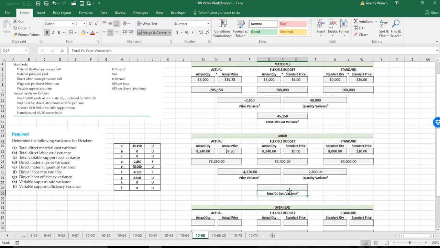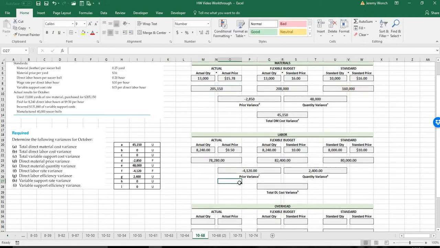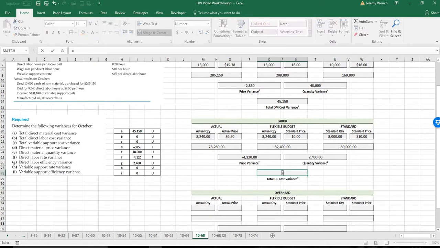To get the total direct labor variance, you can do it two ways. Up here, we took the total minus the standard. Or we can do it the same way as taking our price variance plus our quantity variance. And so it's the exact same thing.